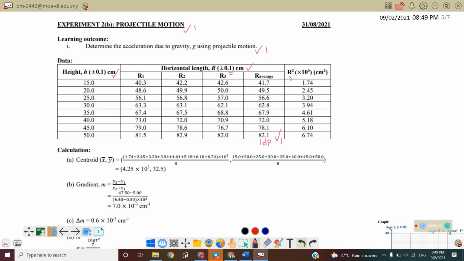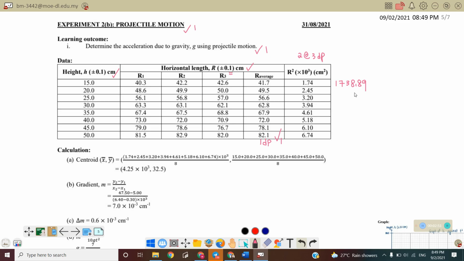If you press the calculator, 41.7 squared, actually we will get 1738.89. But remember, for secondary data, we only allow 2 or 3 decimal places.